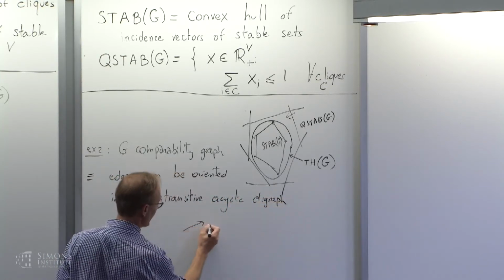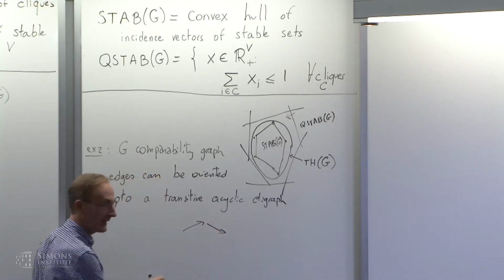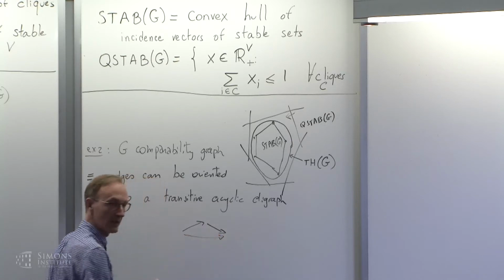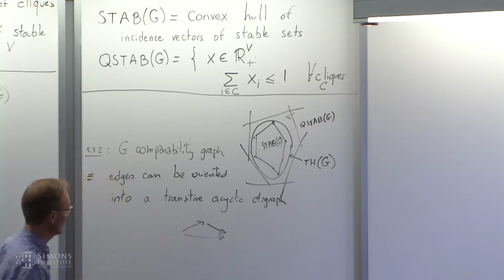So you want to orient the edges in such a way that it's transitive. Every time you have a directed path, you also have the shortcut edge.